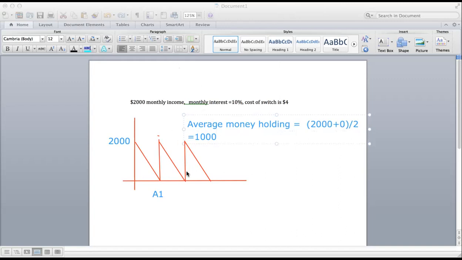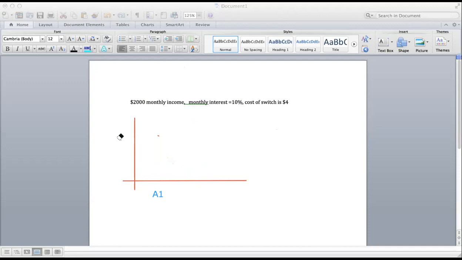So now let's calculate the average money holding when we have some switches. Let's assume that we have one switch. At the beginning of the month, you split your $2,000 into 2 equal halves.